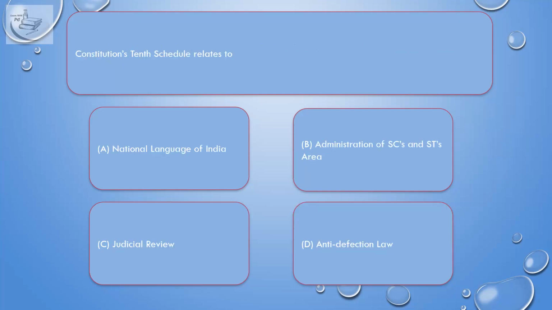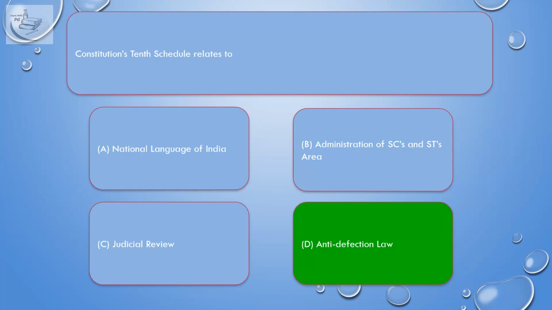Question: Constitution's 10th Schedule relates to A. National language of India. B. Administration of SCs and STs area. C. Judicial review. D. Anti-defection law. Correct answer is D. Anti-defection law.